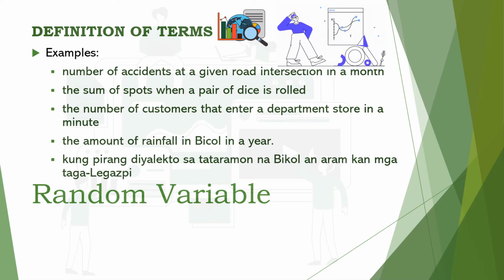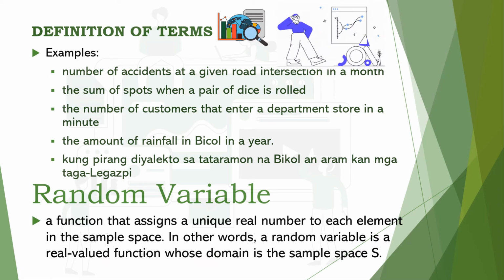Let us now look at the definition of a random variable. It is a function that assigns a unique real number to each element in the sample space. In other words, a random variable is a real valued function whose domain is the sample space S. So, it is a way to map outcomes of a statistical experiment determined by chance into a number.